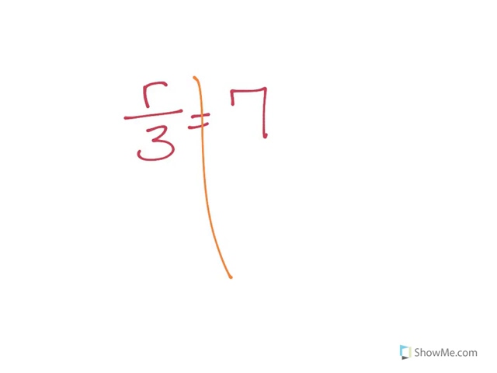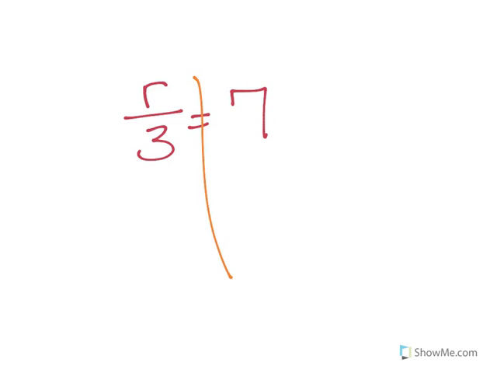Okay, the next one we're going to do is r over 3 equals 7. Automatically, we should recognize that the fraction bar means divide, so that means r divided by 3 equals 7. So how are we going to solve this problem? If I'm dividing the variable, then I need to multiply to undo it.